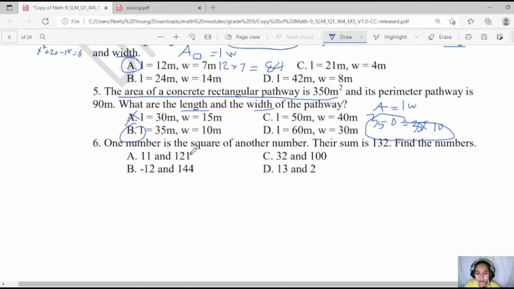Number 6. One number is the square of another number. Their sum is 132. Find the numbers. So one number, that is x, is the square of another number. We have another number, y, and that is the square of the number. If you add these, it should be equal to 132. Therefore, x plus y is equal to 132.